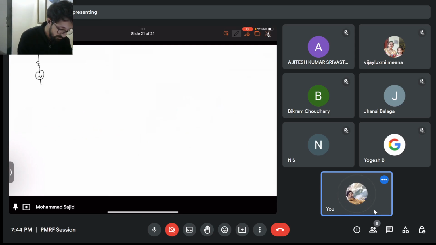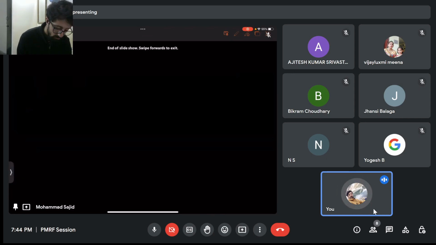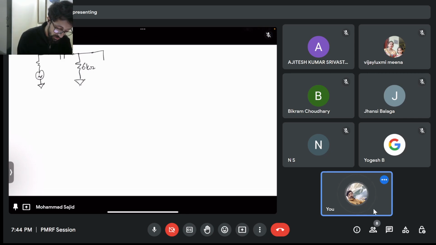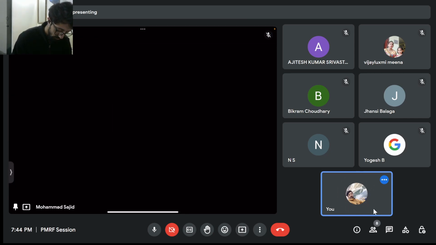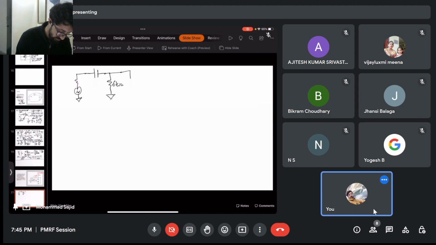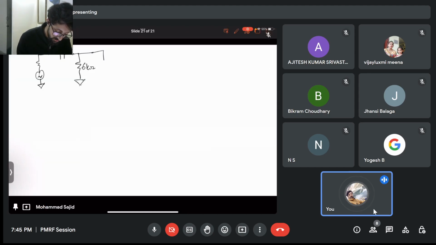You have AC input. You have a capacitor here. You have a 6 kilo ohm resistor here. We have two diodes. As you correctly said, the diode is replaced by a battery.